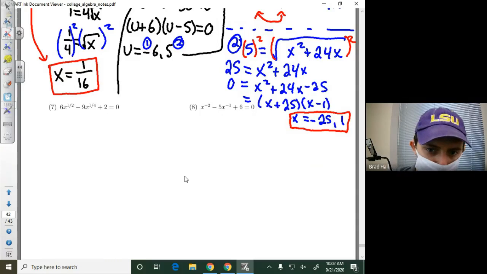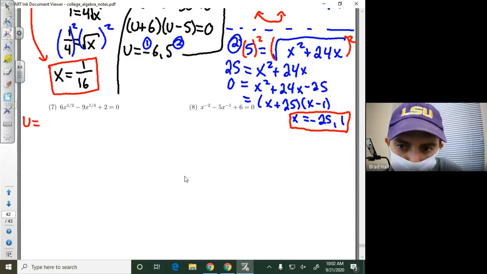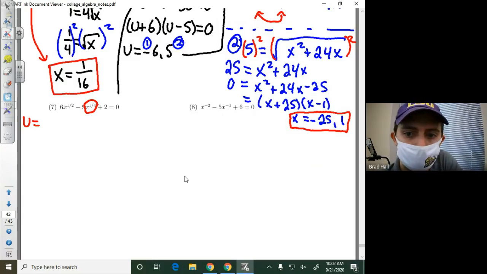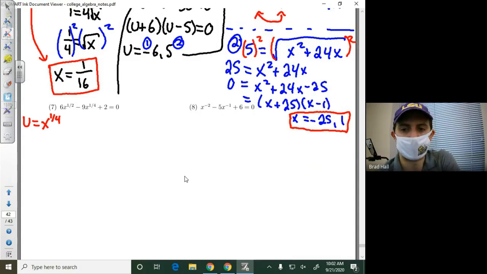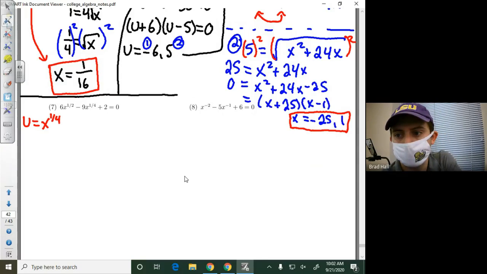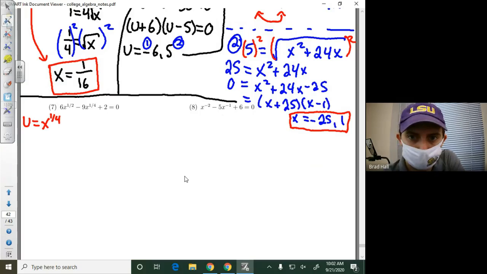So with u substitution, again, the middle variable expression tends to give us an idea. And that's really helpful because if you square x to the 1/4, you get x to the 1/2. Once you have that established, we can start making the appropriate substitution.